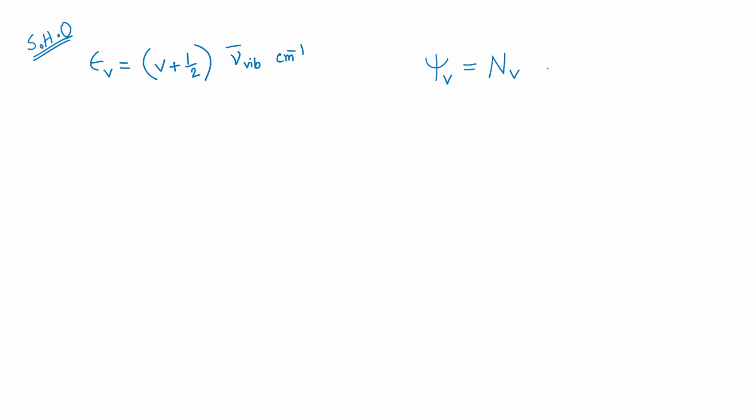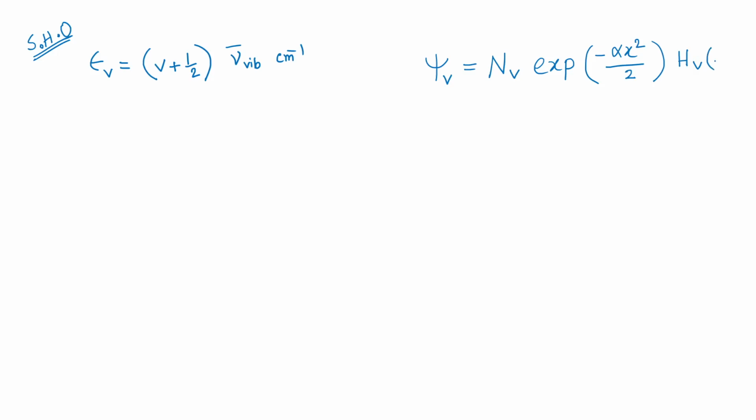Then there is going to be one exponential term, exponential of minus alpha x square by 2, I guess, and some Hermite polynomial.